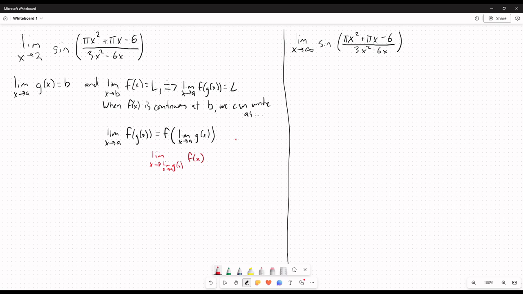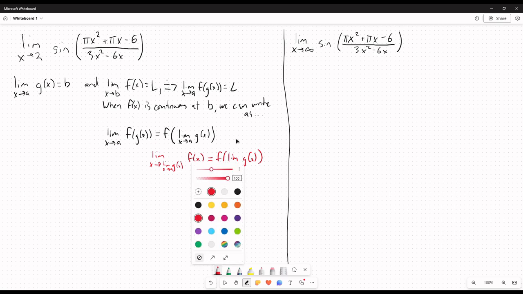But when f of x is continuous, that means that this is the same as f of the limit as x approaches a of g of x. We don't write it like this for a reason, because that's confusing. So we're usually going to be looking at cases where f of x is continuous, and in that case, we are happy to use this rule.